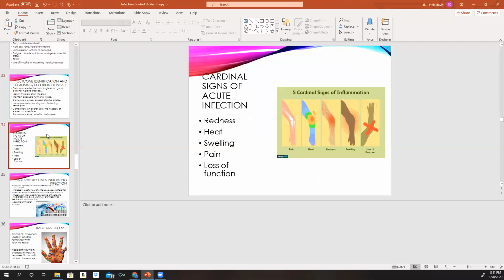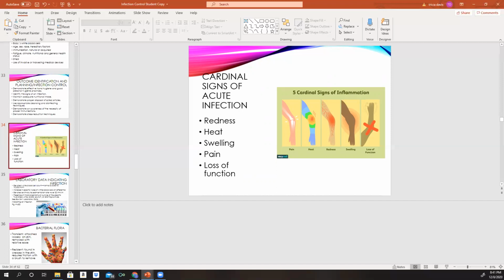So here we have the cardinal signs of an acute infection. The inflammatory response is a productive mechanism that occurs in the body that helps to eliminate the invading pathogen and allows for tissue repair to occur. Inflammation is what helps the body to neutralize, control, or eliminate the offending agent and to prepare the site for repair.